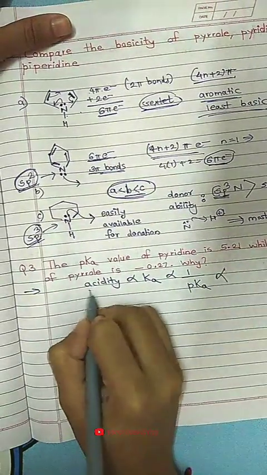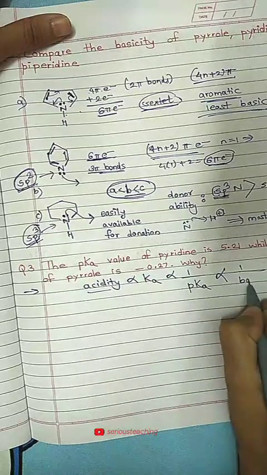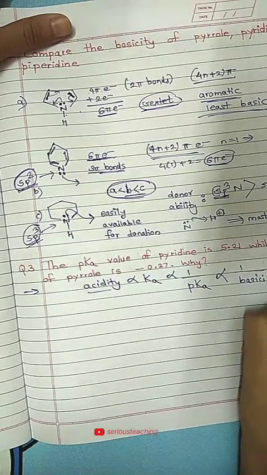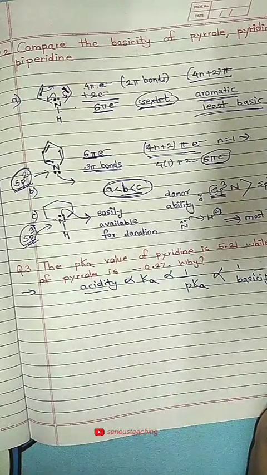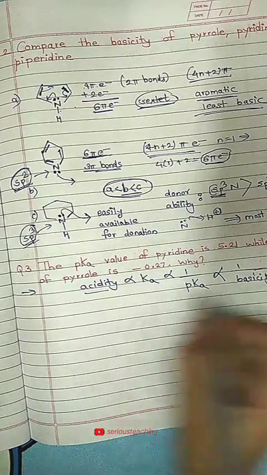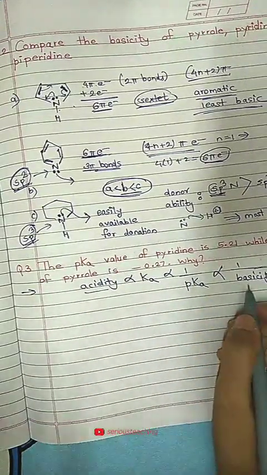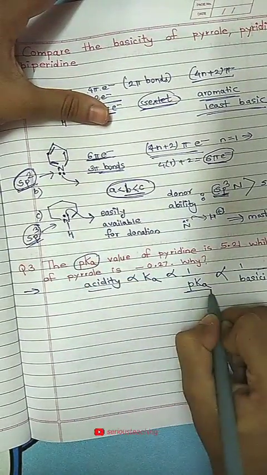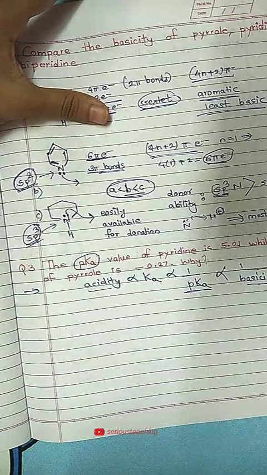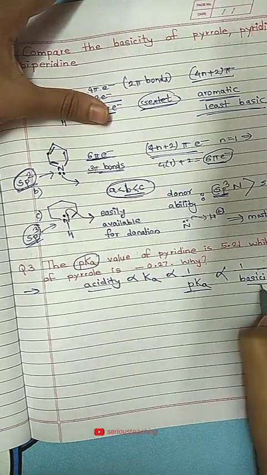Acidity is also inversely proportional to basicity. If a compound is more acidic, it is less basic, and if more basic, it is less acidic. So this is reversed: if pKa is higher, basicity will be higher, and if pKa is smaller, basicity will be smaller.